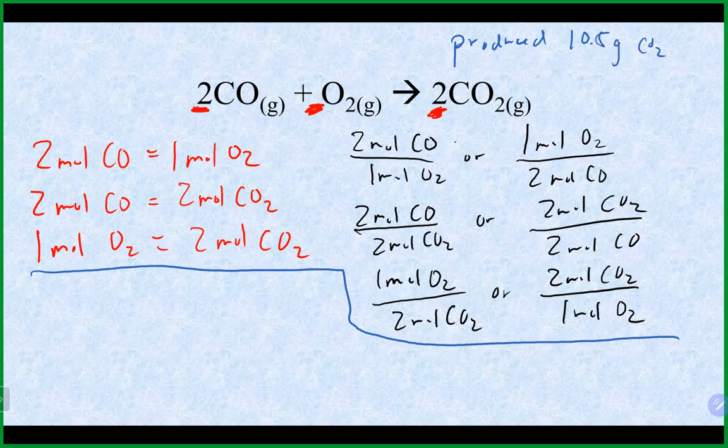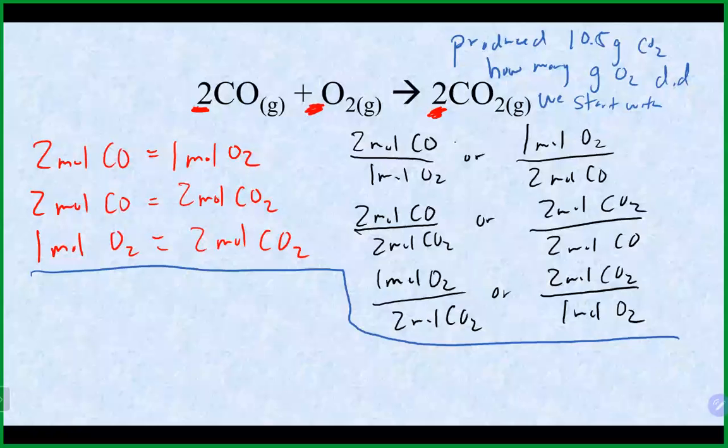We want to know how many grams of O2 did we start with? Okay, so if we follow those 4 steps that we talked about earlier, the very first step is balance the equation, which obviously we do have here, right? So we have the balanced equation, so that is done.